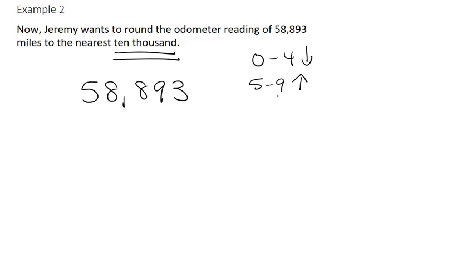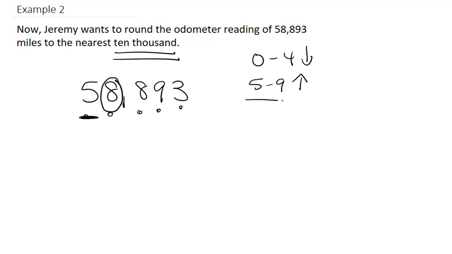Now let's count the place values. So we have ones, tens, hundreds, thousands, and then 10,000s. So this is what we are looking to round. And so when we look to round, we look at the next digit to the right to see if we round up or down. Now we see that's an 8.